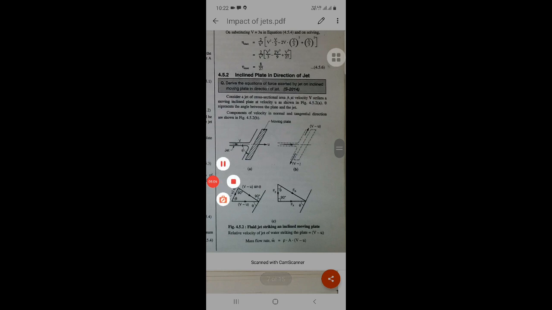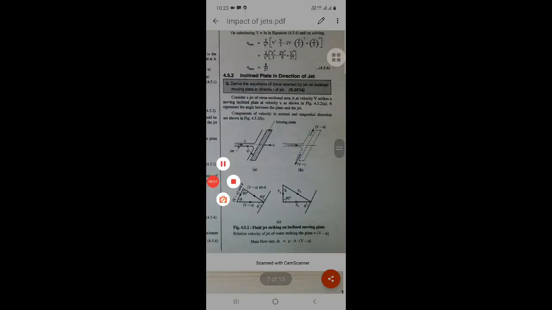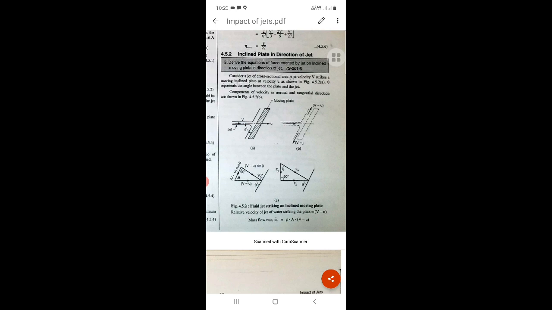The difference between fixed plate and moving plate is that V is replaced by V minus U. So let's see the fluid jet striking on the inclined moving plate. The relative velocity of water striking the plate is V minus U.